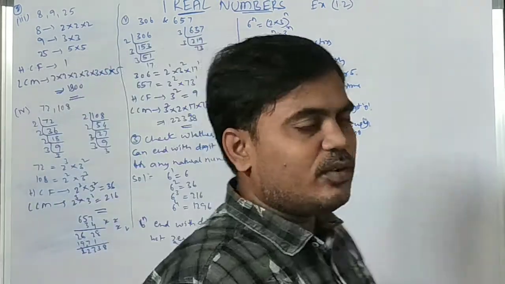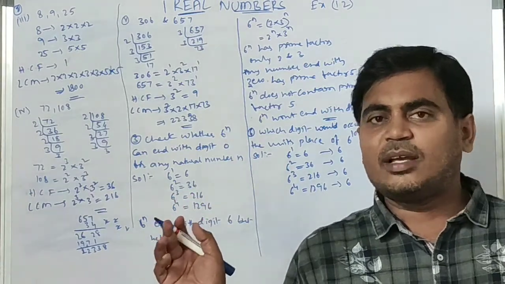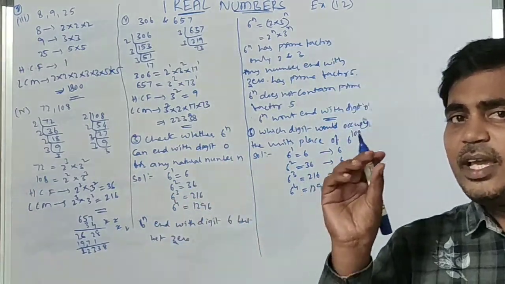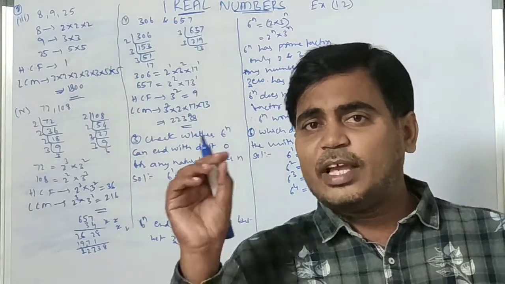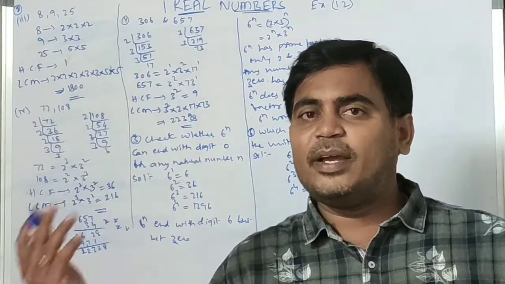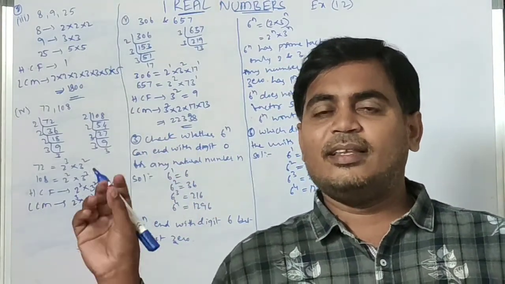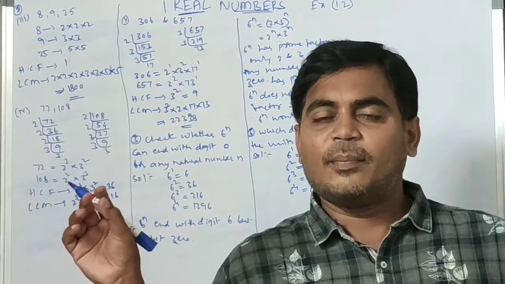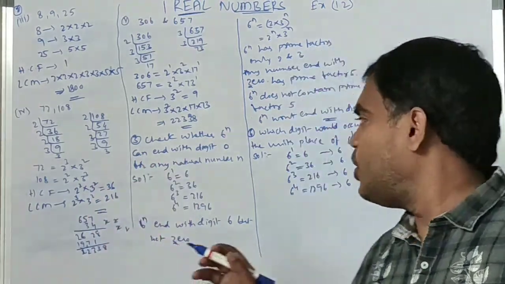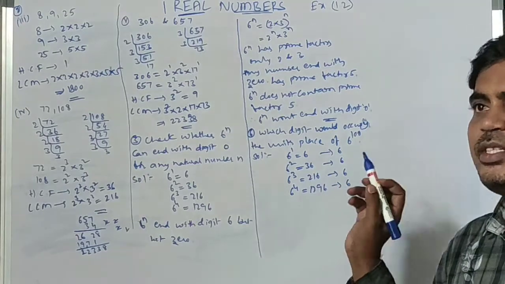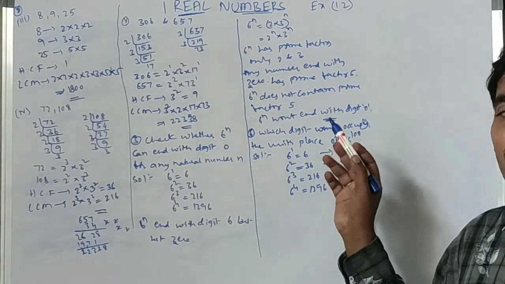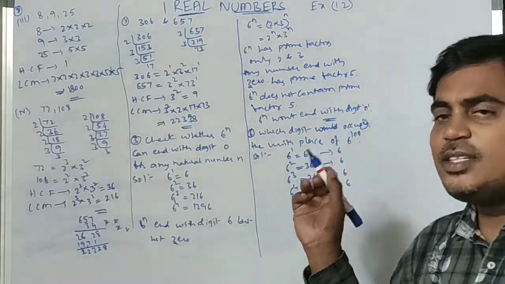So if we observe, when we are multiplying a number, the unit digit is multiplied by the unit digit. The resulting unit digit is always the product of unit digits. So 6 into 6 is always 36, so the unit digit is always 6.